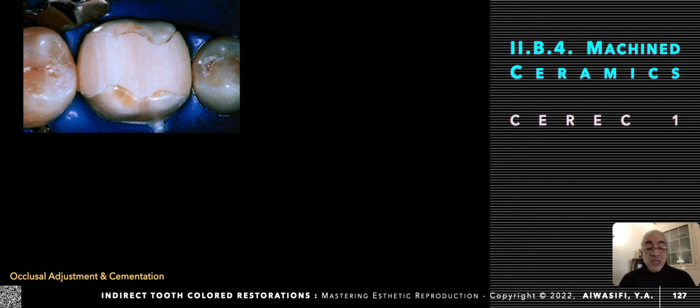Okay, you could note that there is no occlusal anatomy. Occlusal anatomy is left to be adjusted and even created and carved by the operator with special cutting tools. You could note that the marginal fitness is far from satisfactory, and how much the gap is between the fitting surface of the inlay and the tooth and the cavity walls.